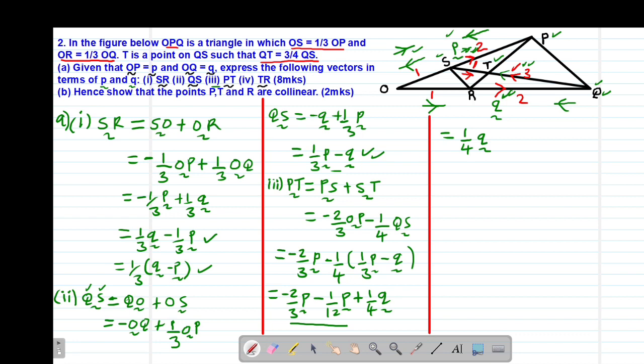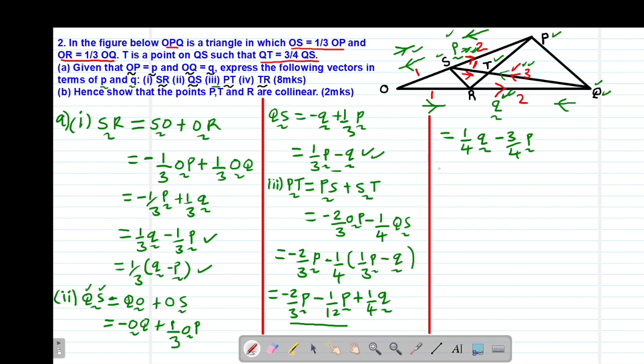Negative 2 over 3, if you subtract 1 over 12, you are going to get negative 3 over 4. So this will be minus 3 over 4 vector P. So that is my PT.